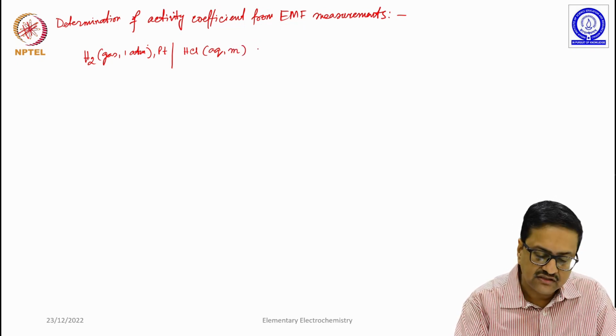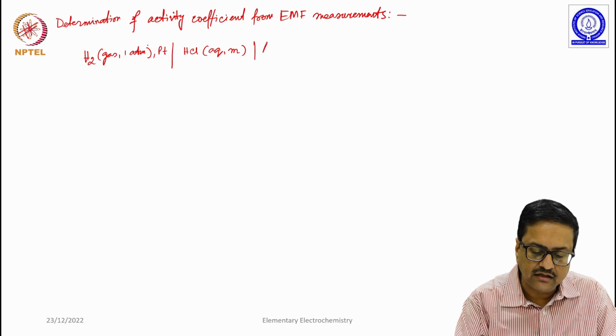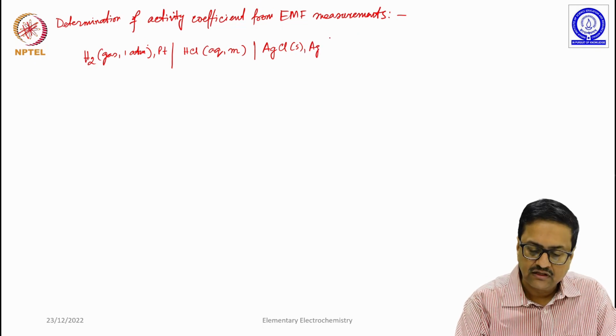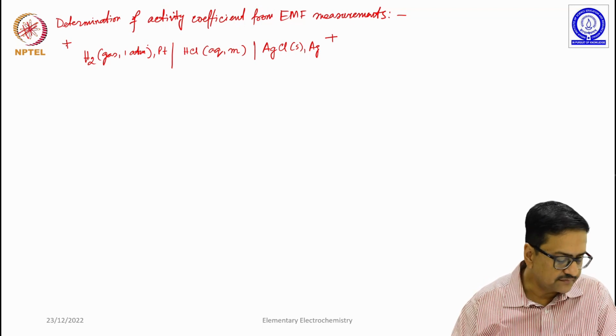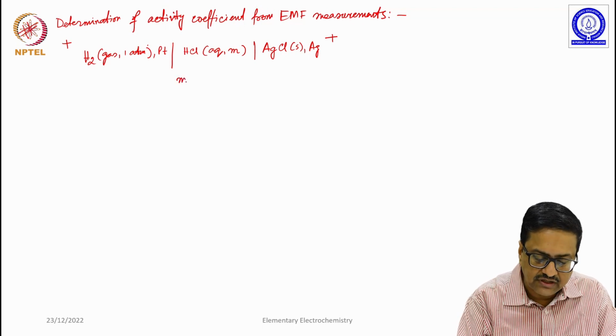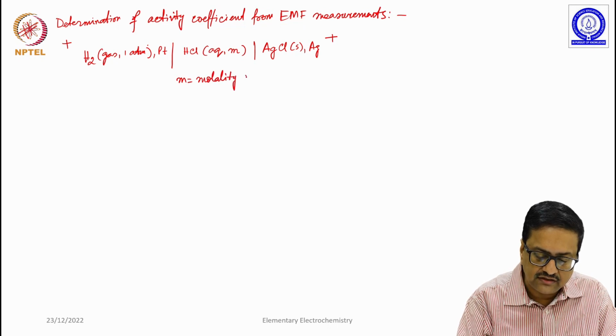This m molal solution is again in connection with solid AgCl with silver as the electrode. As usual, this side is plus and that is minus, and this m is the molality of the solution.